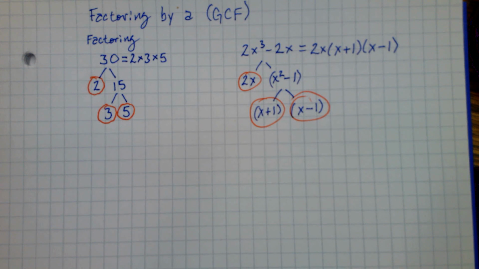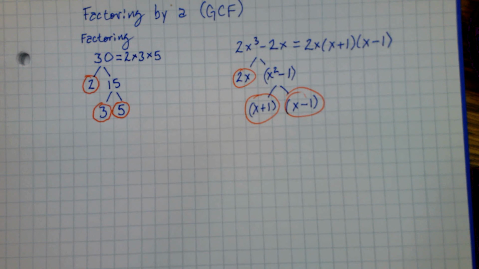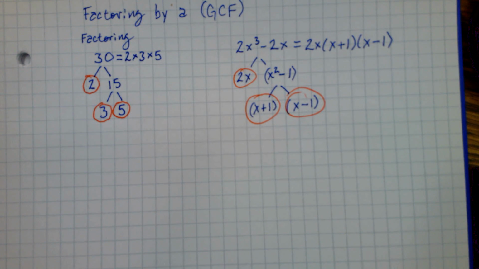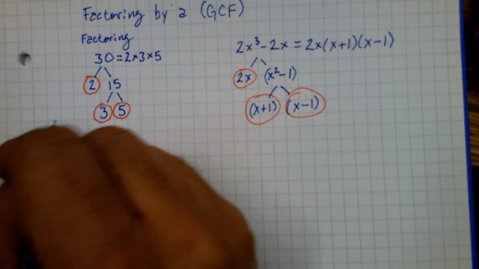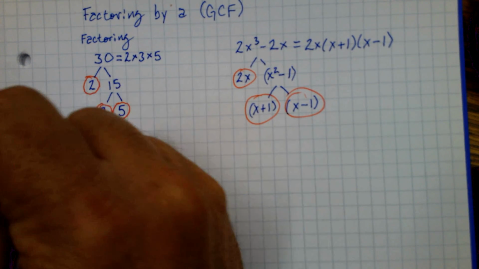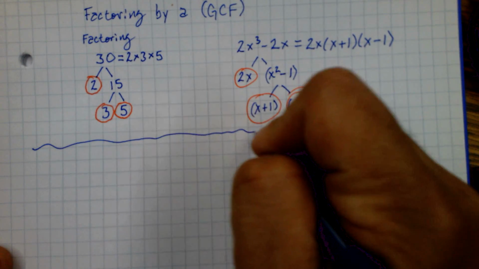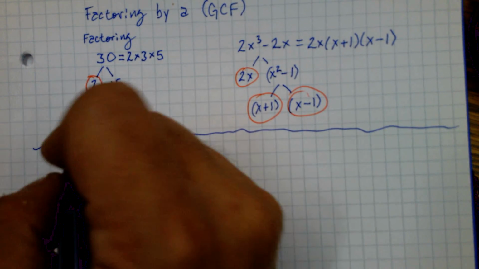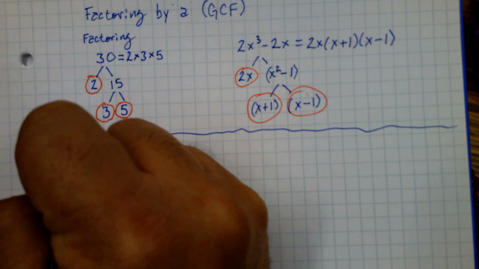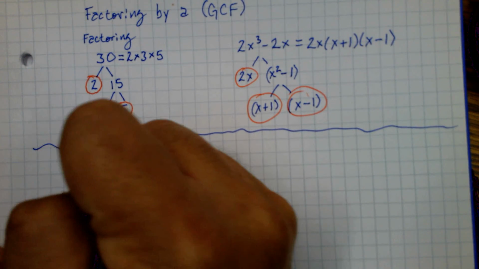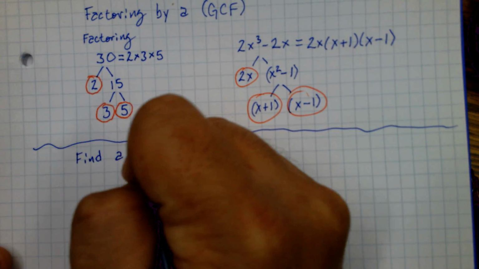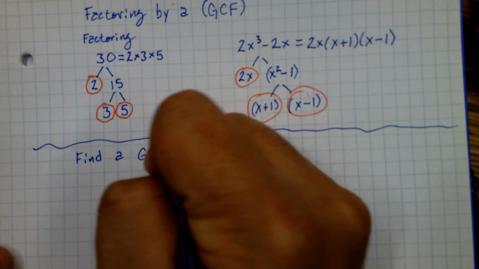All right. So how do we do this? We're going to start by factoring out a greatest common factor. Okay? So let's find a GCF in a polynomial.